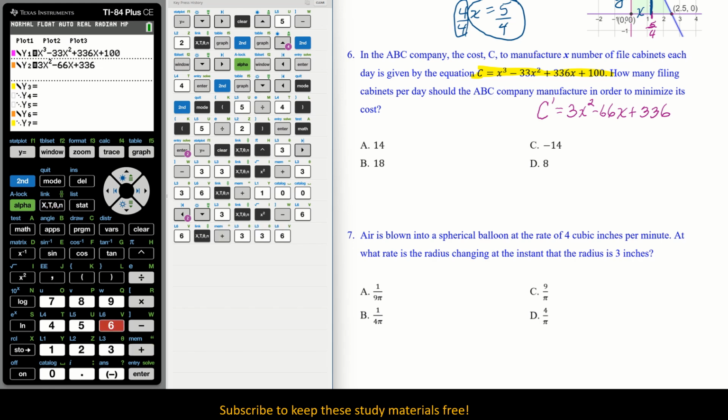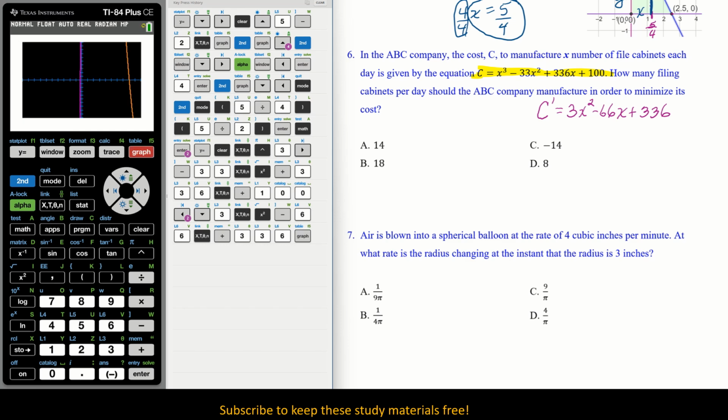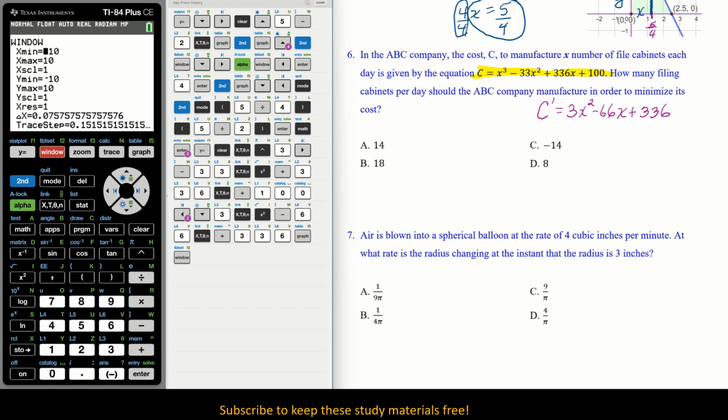Oh, before I do that, let me double check my numbers. Looks good. Okay, we get some weird stuff. It looks like we need to move to the right, so let's shift our window. Let's go to our window and scoot over.